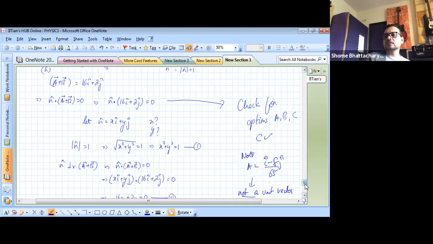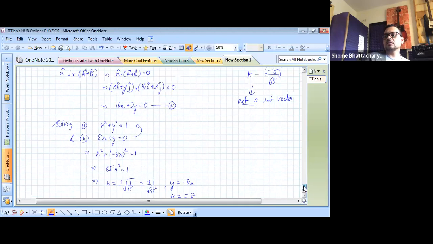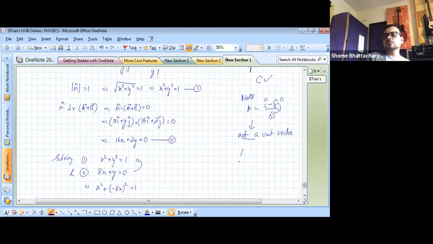What will its magnitude come out to be? It will not be 1. This will come out to be root 65 by 65. So that's 1 by root 65, which is not equal to 1.